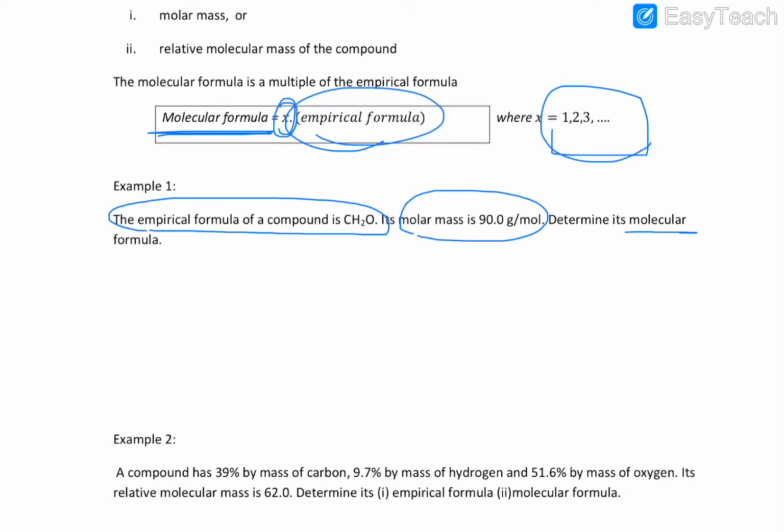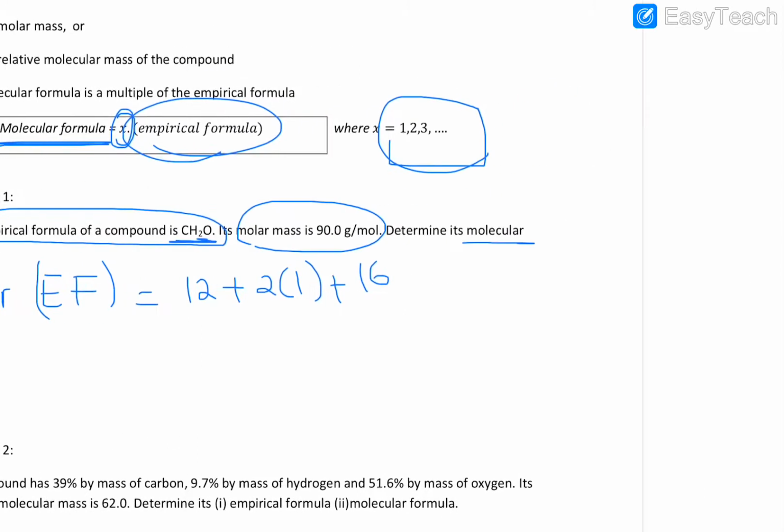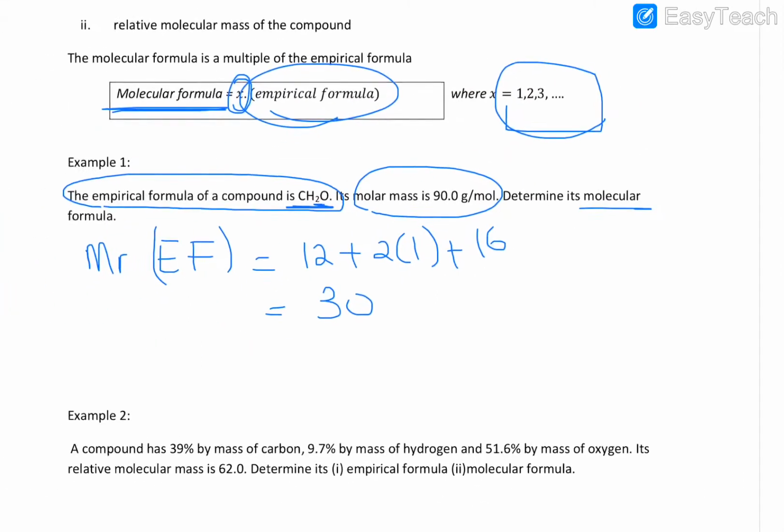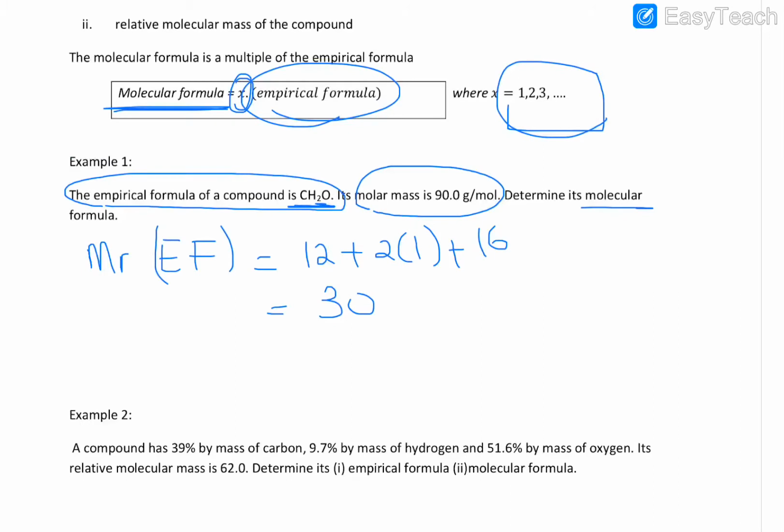So what I'm going to do is find the MR of the empirical formula. This is the empirical formula, and I will get the MR of this. So 12 plus 2 times 1 plus 16.